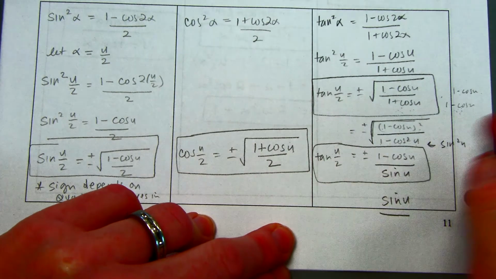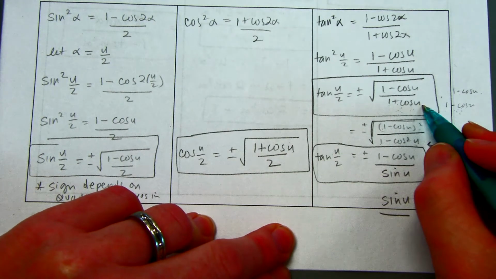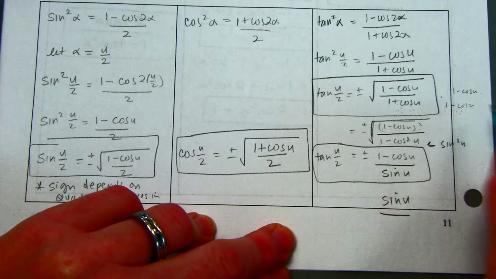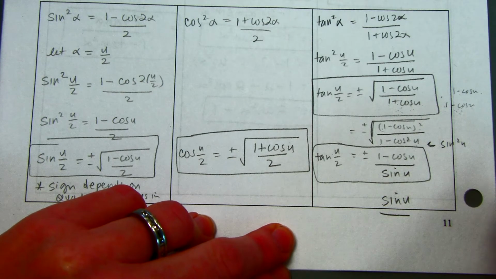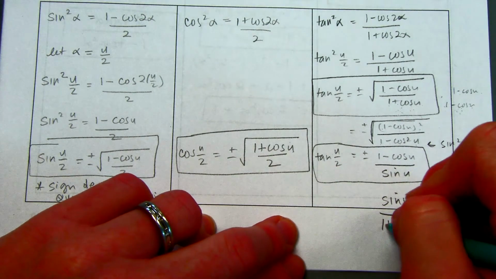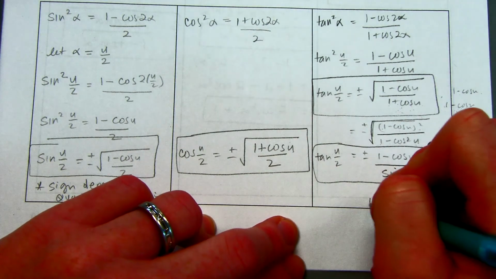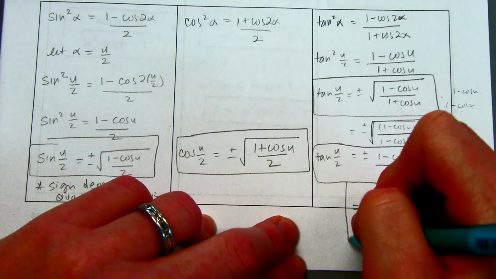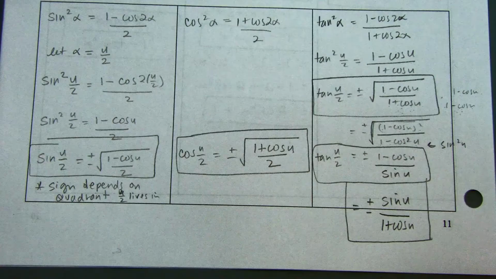And in the bottom, if this was 1 plus cosine u times 1 plus cosine u, it would be 1 plus cosine u quantity squared. Under a root means 1 plus cosine u. So this is a third version of the half angle formula for tangent.